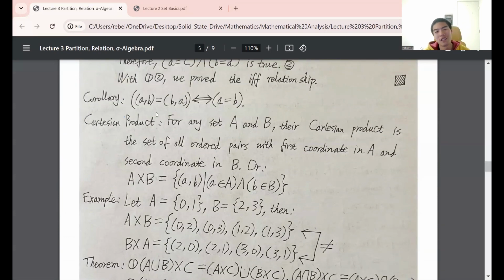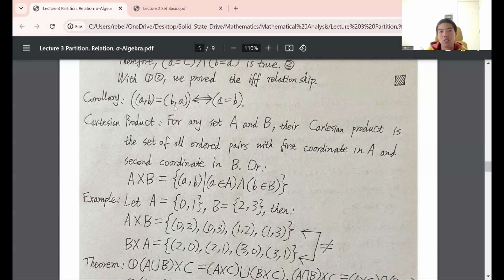Okay, and the corollary is that AB equals BA if and only if A equals B. So if you have interest and time, you can also try to prove this one. But the idea is, suppose A is not equal to B, then the element A is not equal to B, so it fails.